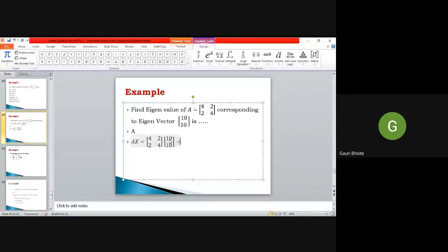What is the resultant matrix? Four into 10, 40, plus 2 into 10, it is 60. Then in the second row, 2 into 10, 20, plus 4 into 10, again it is 60. So I can express this in terms of x again. It is 6 times the matrix 10, 10.